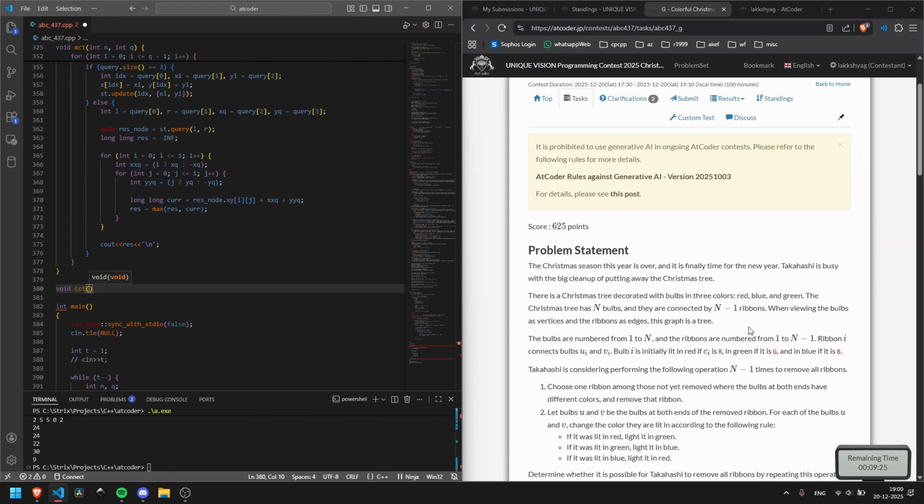Christmas tree with bulbs, RGB, and graph light. Graph is a tree, makes sense.